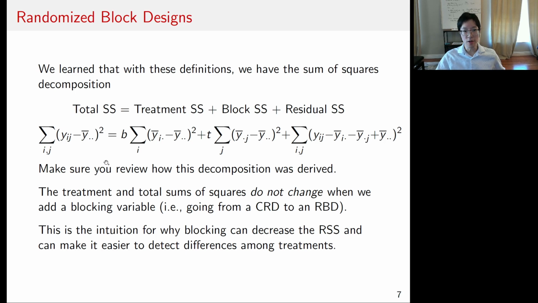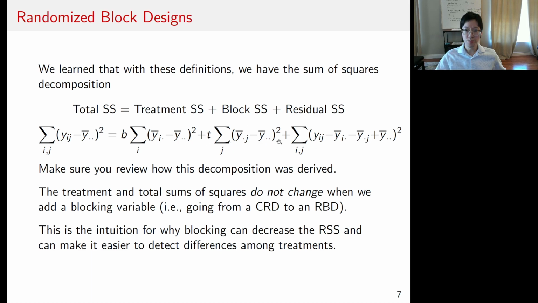As I noted, the treatment sum of squares and the total sum of squares do not change compared to the CRD case. What happened is that the residual sum of squares for CRD is now broken down into these two parts.